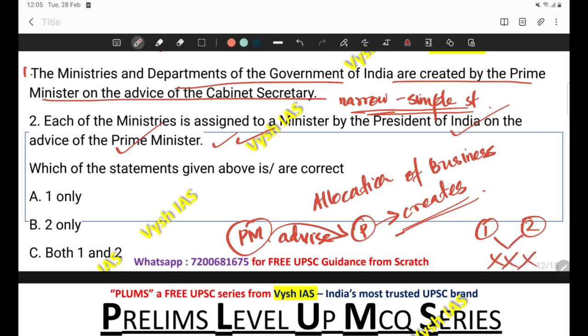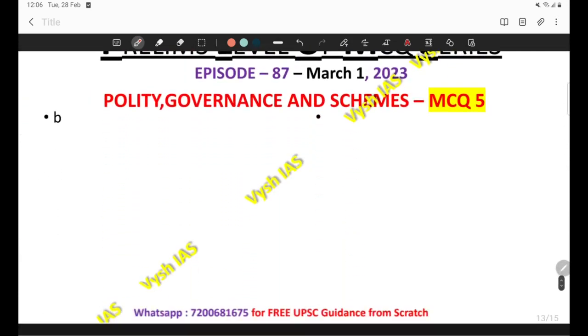If you are very fine with the static portion and the concept part, this is not a matter, but under exam pressure we can't tell, so you have to think of elimination methods also. The first statement is tweaked in such a way that it is a trap; UPSC is tweaking the statement. So the first statement is incorrect and the second statement is the correct one. The correct answer comes out to be 2 only, option B.